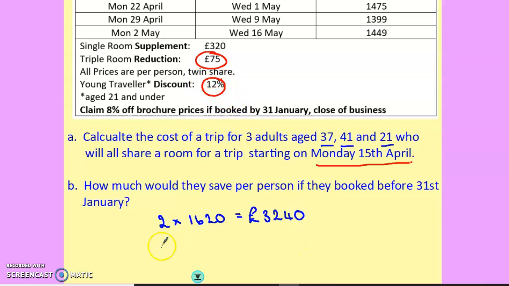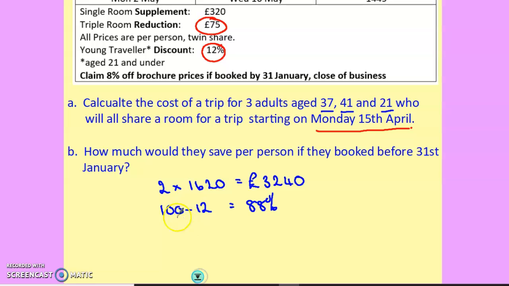My young traveller gets a 12% discount. So he pays 88%, or she.